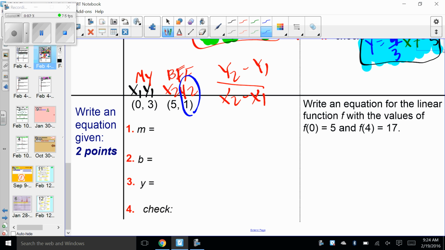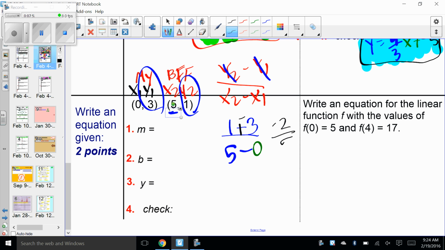The y2 value is 1 minus the y1 value is 3. So we have 1 minus 3 in the numerator. In the denominator, we have 5 minus 0. So the numerator is negative 2. In the denominator, I have 5. So my slope is negative 2 over 5.